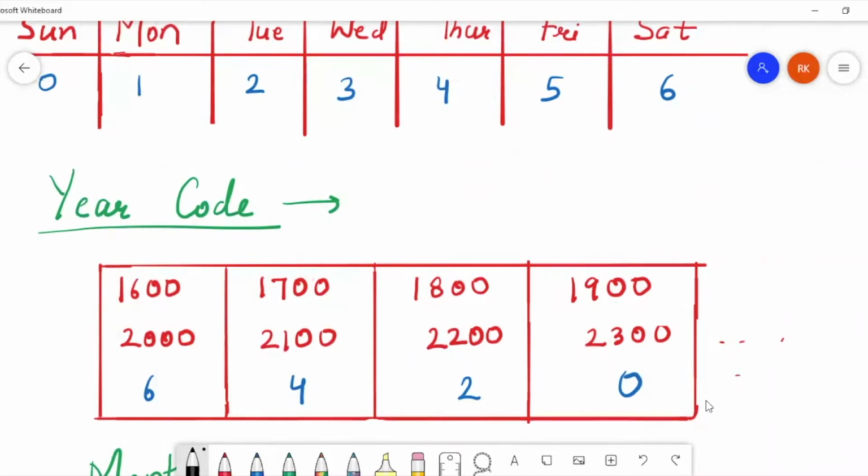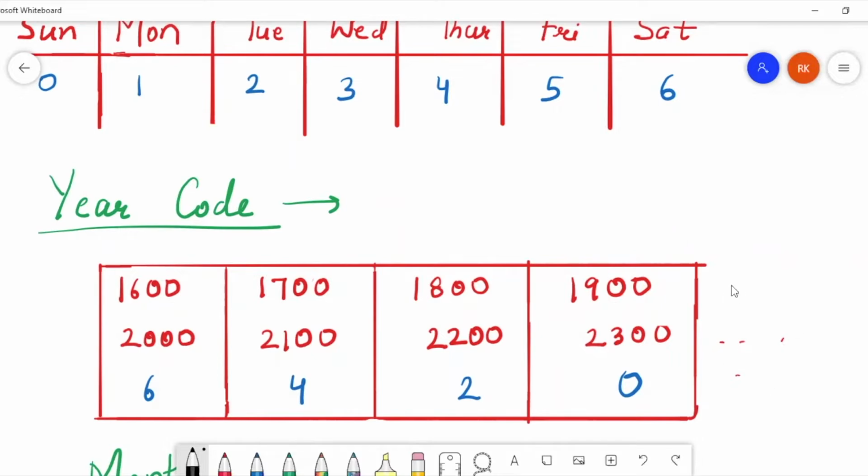So 1600, 1700, 1800, 1900, 2000, 2100, 2200, 2300. Understood? After completing 1900, just go below 1600 and write 2000, and then 2100 below 1700. Like that you have to make pairs of 4.